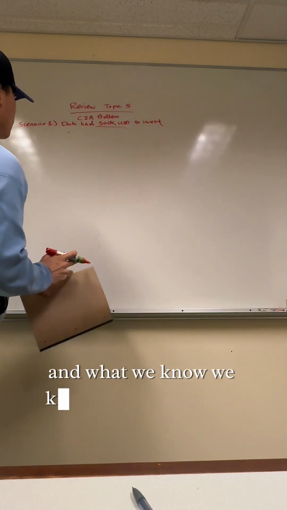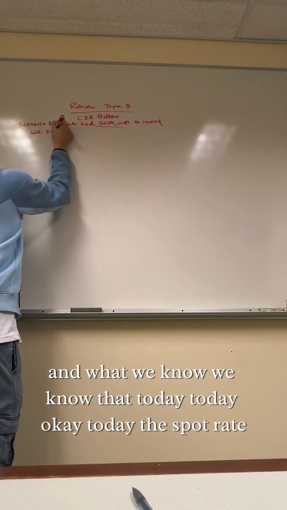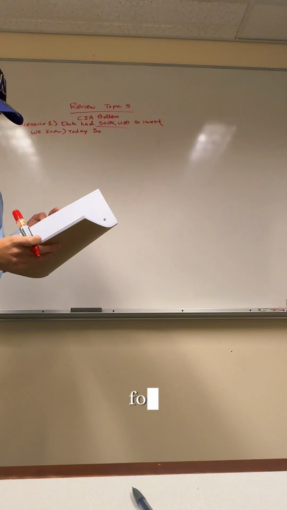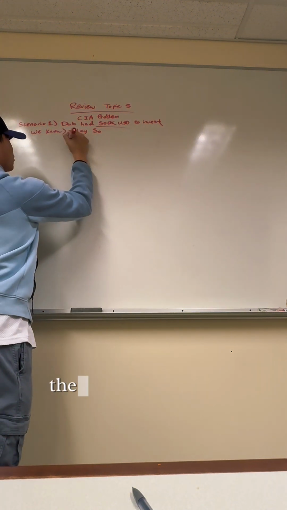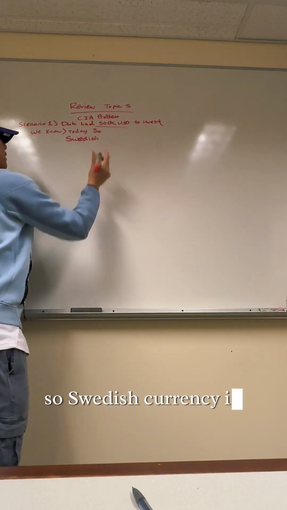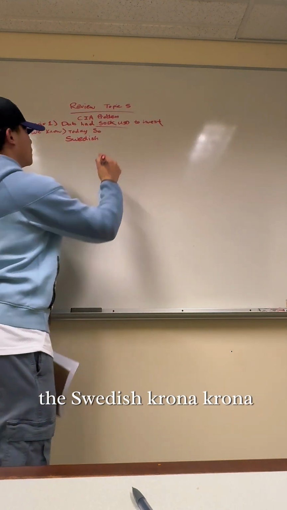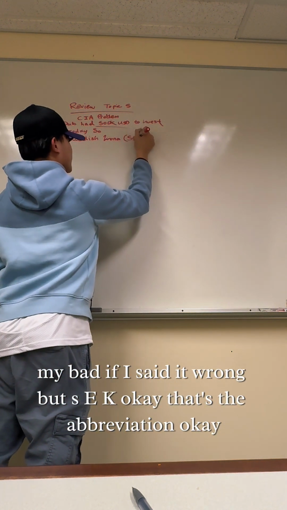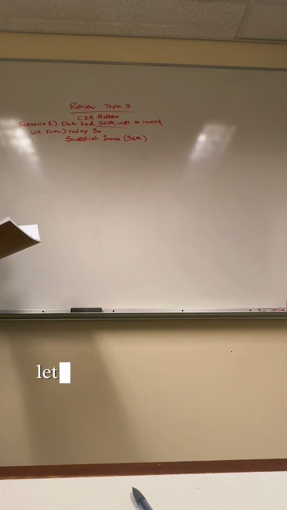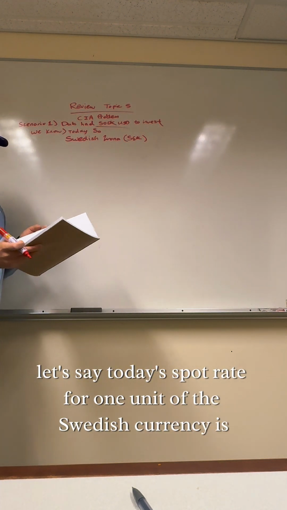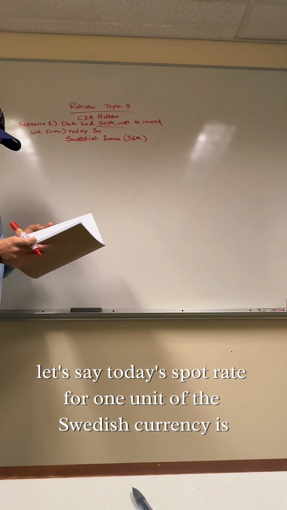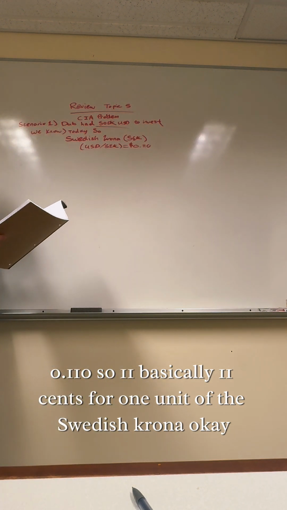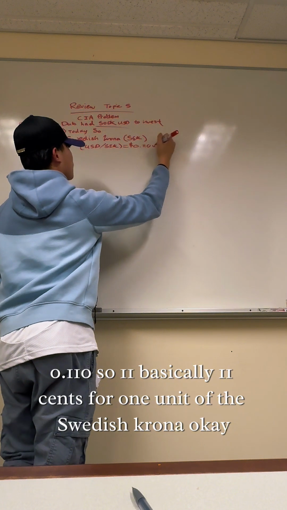Today, let's say he wants to invest in the Swedish currency, the Swedish krona, SEK. Today's spot rate for 1 unit of the Swedish currency is 0.110, so basically 11 cents for 1 krona.